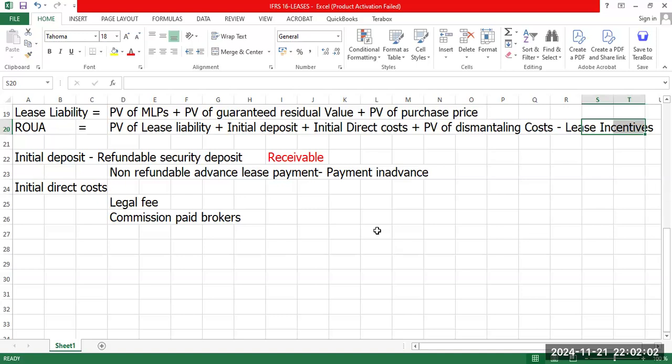That is an incentive. So when you're doing a question, you need to know each month how much is the rent, then you look for the lease incentive.